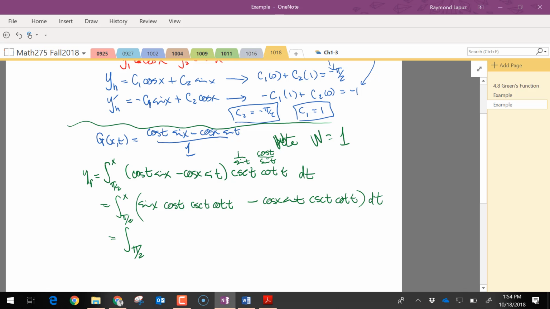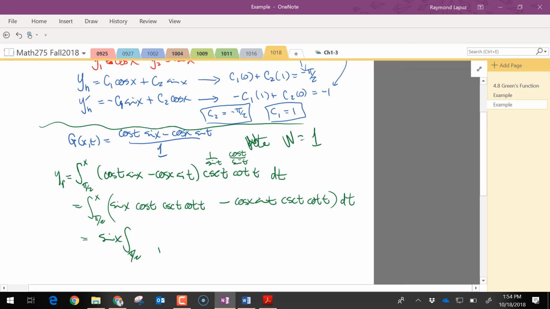So we're integrating from pi over 2 to x. So we got sine squared in the bottom and cosine squared on top. Oops, let me take out the sine x, because that's not really part of it. We're not integrating the sine because it's a function of x. Pi over 2 to x.